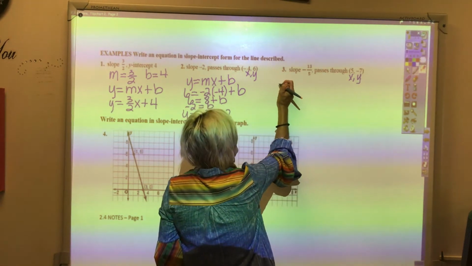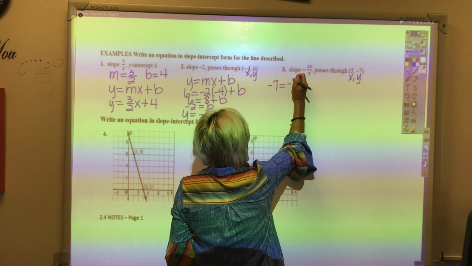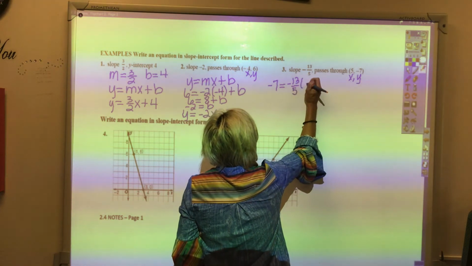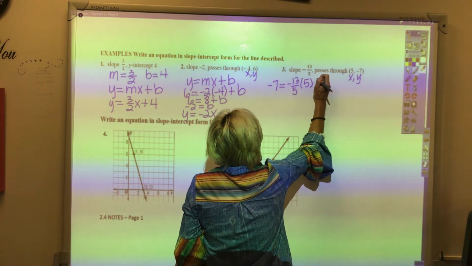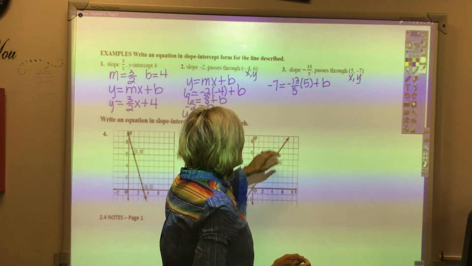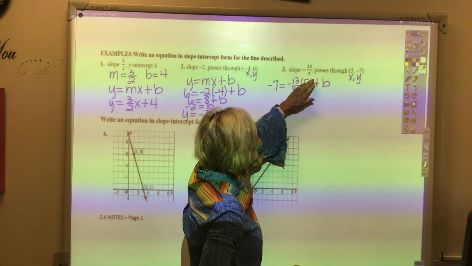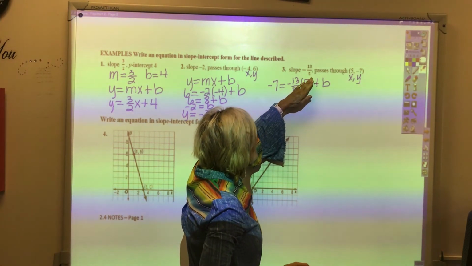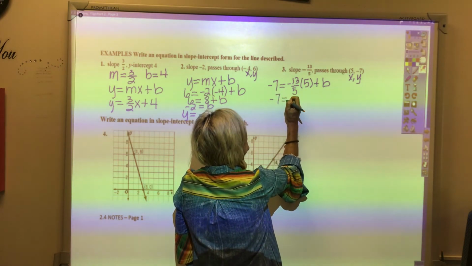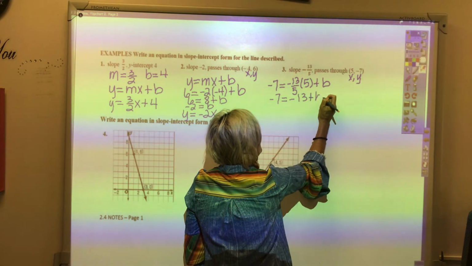So we will have -7 equals -13/5 times 5 plus b. Hopefully you'll see that the 5's will cancel each other out, and so we will be left with negative 7 equals negative 13 plus b.